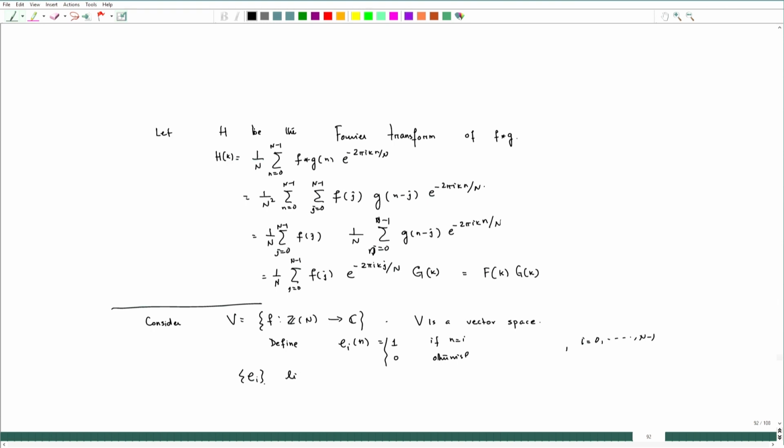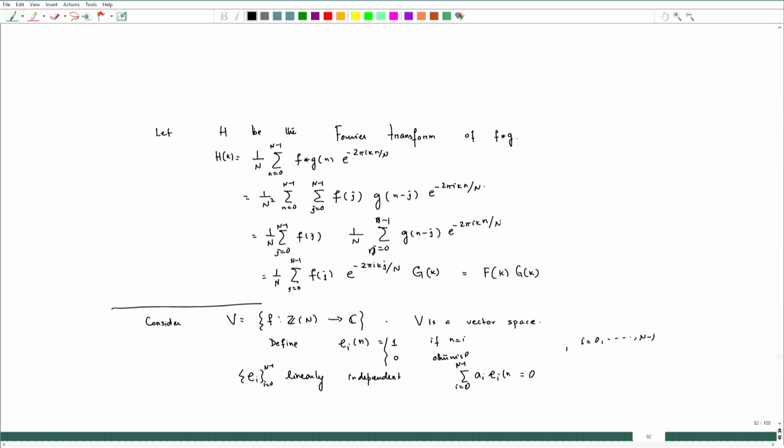are they linearly independent? Suppose you take the sum over i from 0 to N minus 1 of a_i E_i equal to 0.